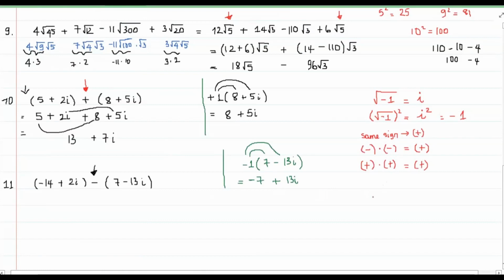Now different side, like negative times positive, or positive times negative, that's different sides, right? That will produce a negative number. So here we have positive and negative, that makes it negative. We have negative with negative, that makes positive right here.